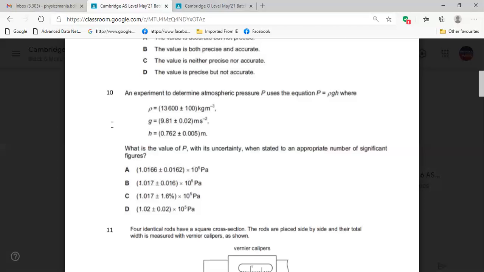So if you are thinking appropriate number of significant figures, that is only available in D, right? Yes, sir. So we will pick D. Also the decimal points are matching in both the places.